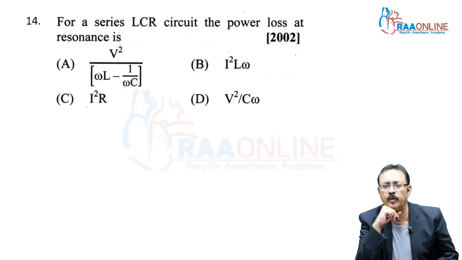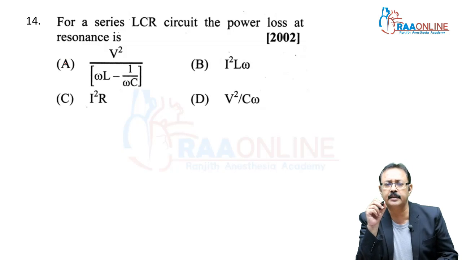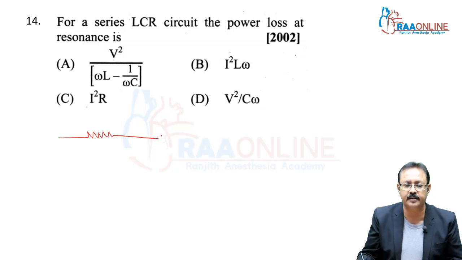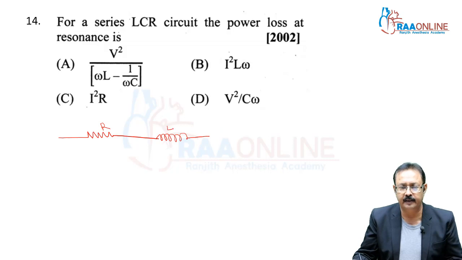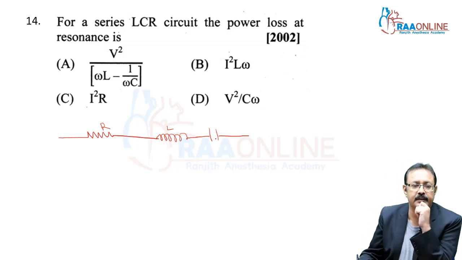It is from 2002 AIPMT. For a series LCR circuit, the power loss at resonance is, we know that what is happening at the time of resonance, it is LCR circuit. R is there, L is there, C is there. It is a case of resonance.